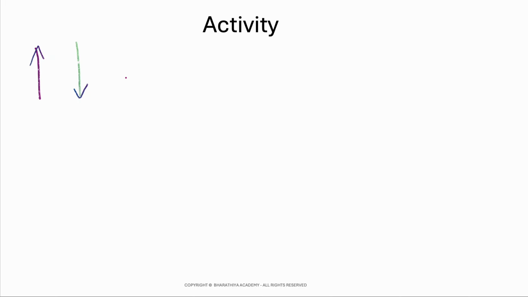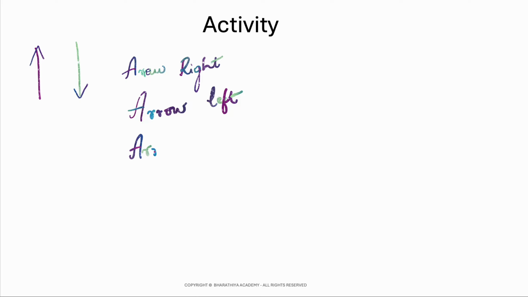Fine. So I want you to draw an arrow pointing towards the right. I want you to draw another arrow pointing towards the left. I want you to draw another arrow diagonal towards the right.